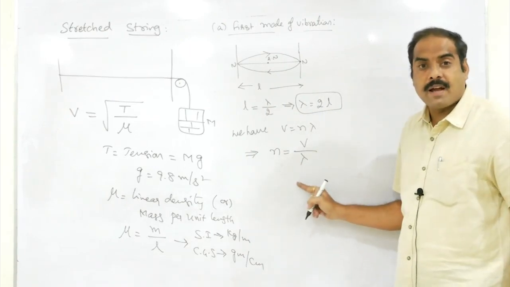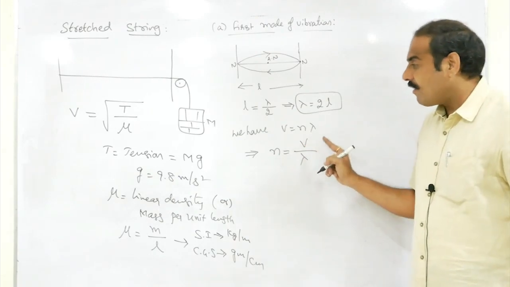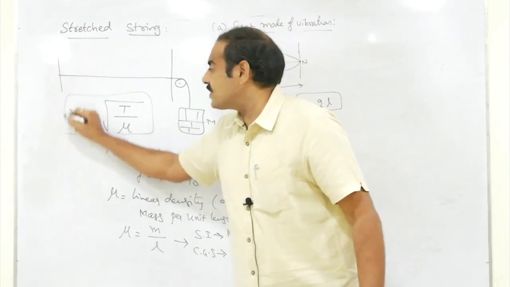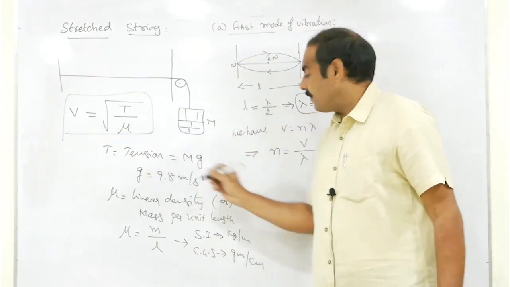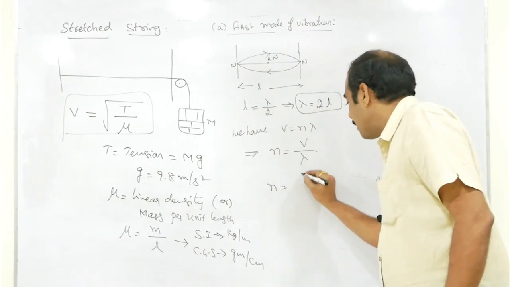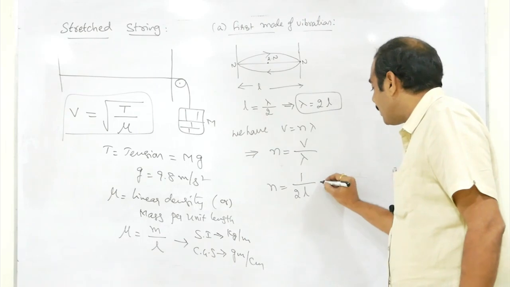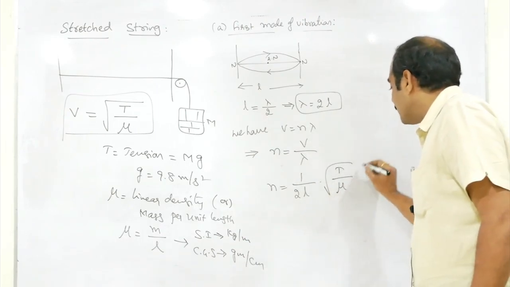In the place of lambda, we can write 2L. And in the place of v, velocity of the transverse wave in a stretched string, we write square root of T by mu. Therefore, n is equal to 1 by 2L, with lambda replaced by 2L, and v as square root of T by mu.